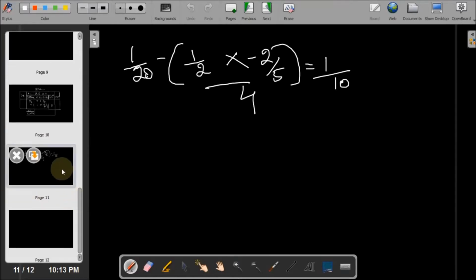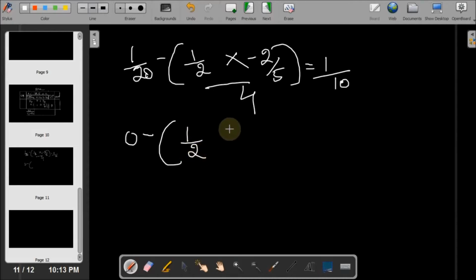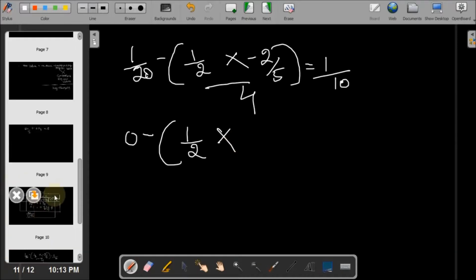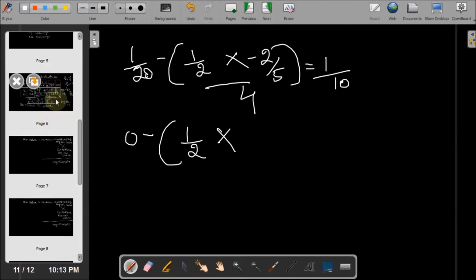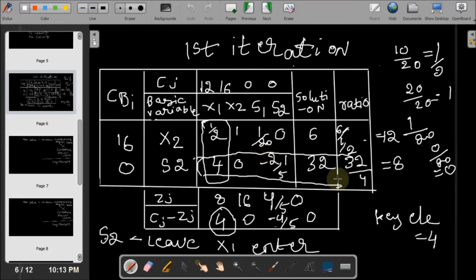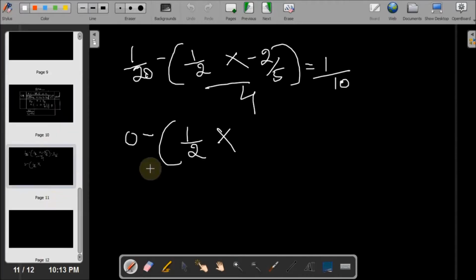So 0, the column you know remains the same, 0 minus 1 by 2 into the corresponding row, C1s. I have to take from the first iteration, don't get confused guys. Now I have to take the values from the first iteration. So what is the corresponding row? 1. So I will take up that. So 1.